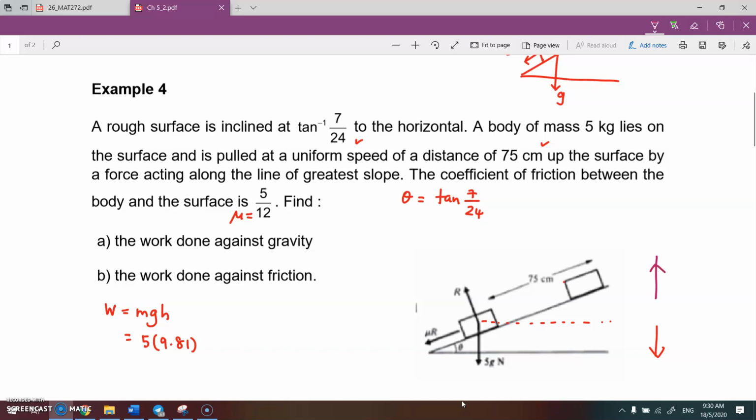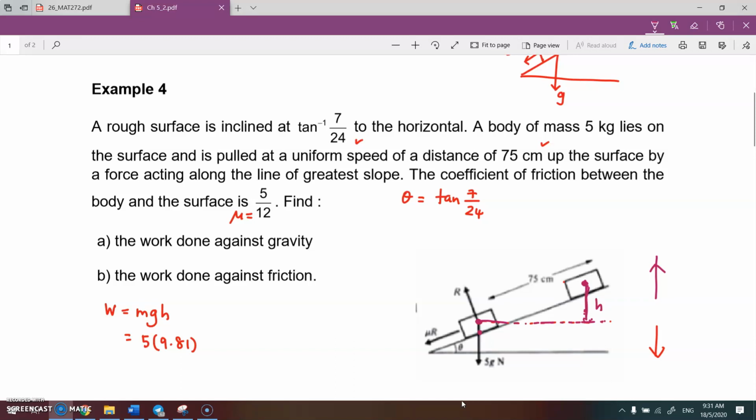If the object is starting from here, we put it in the center so it is easier to look at. The object has moved from the origin position to here, so your h will be somewhere here.